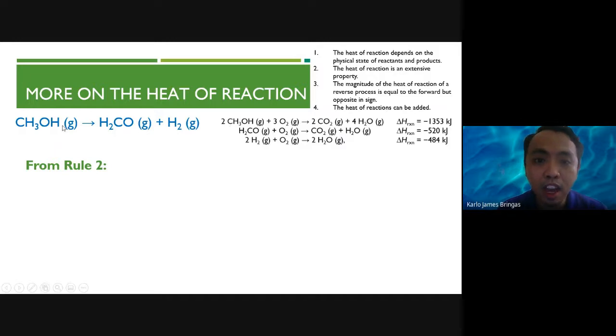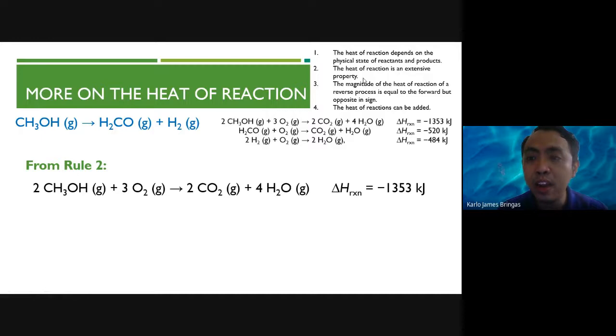Ang kaibahan lang nito, the one in blue and our first thermochemical equation, is that the CH3OH here is multiplied by 2. So what we're gonna do is use our rule number 2 earlier, namely, that the heat of reaction is an extensive property.